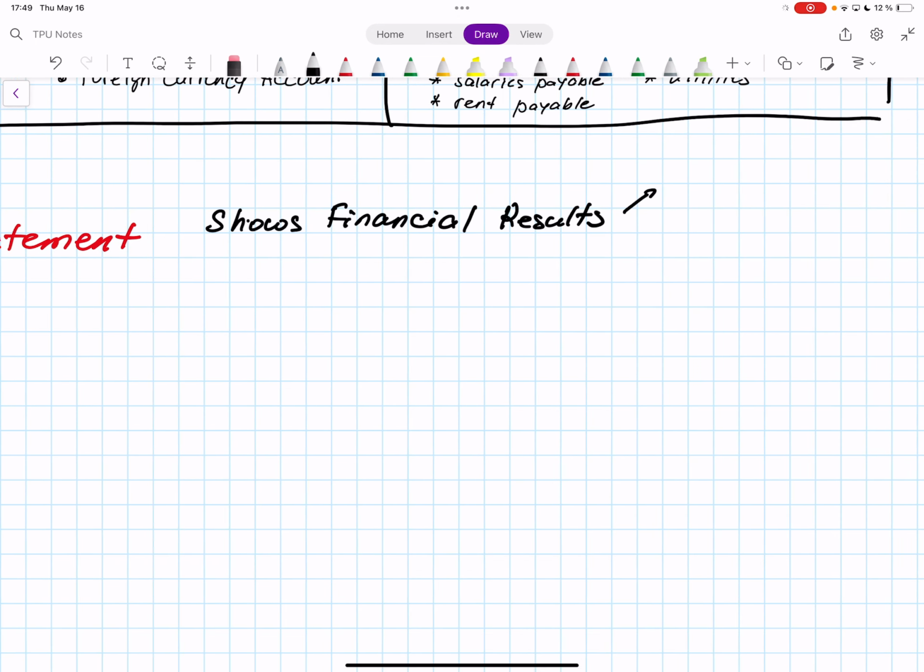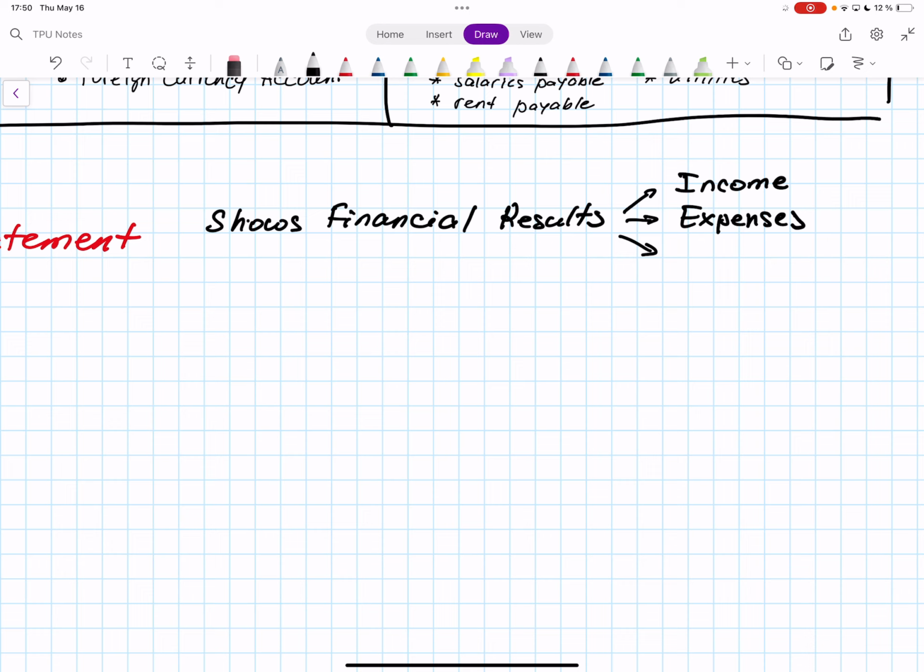What are the main financial results? The first one is what we gained, which is income. What we lost, our expenses, and what is the net result.